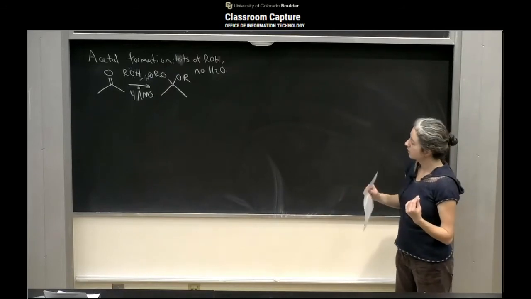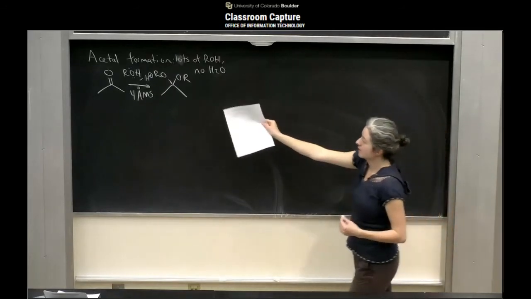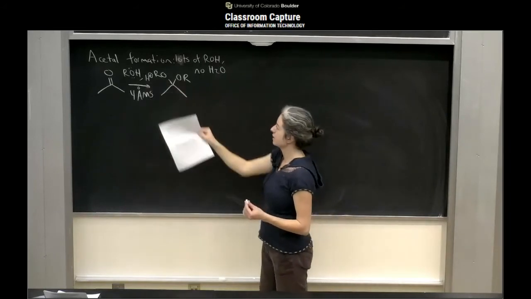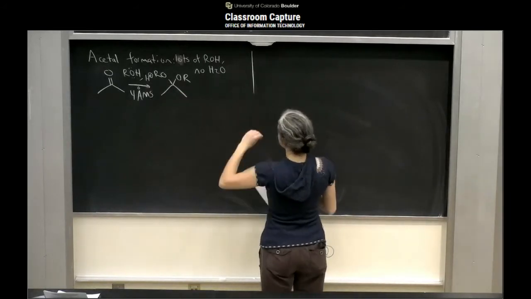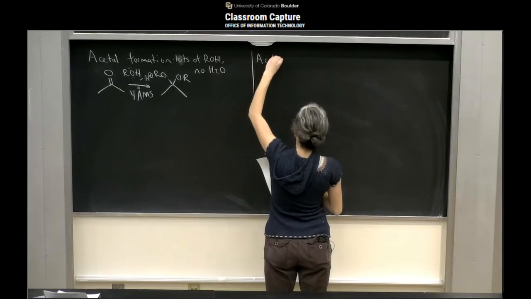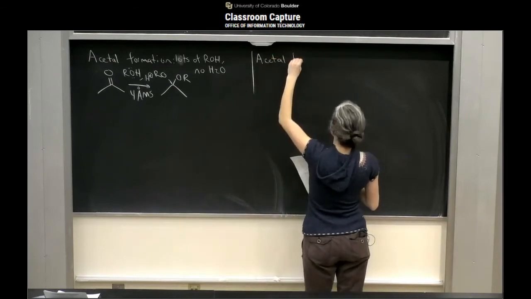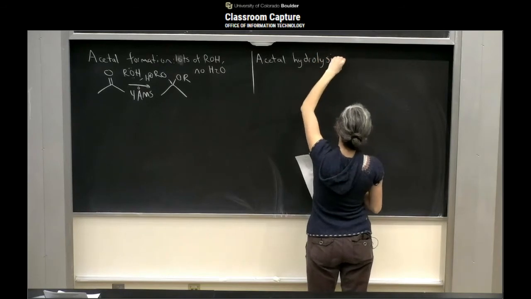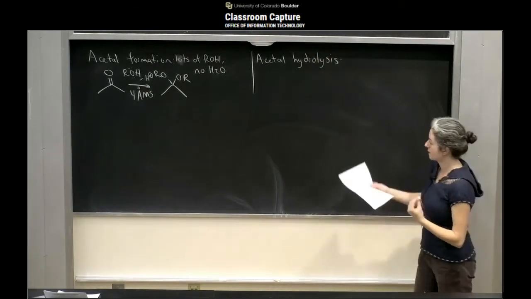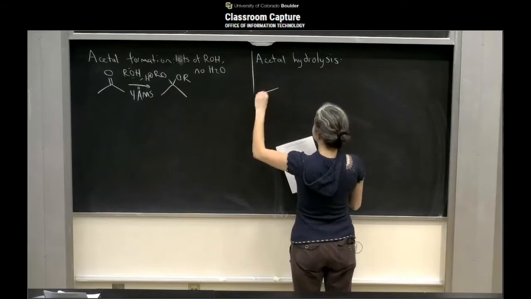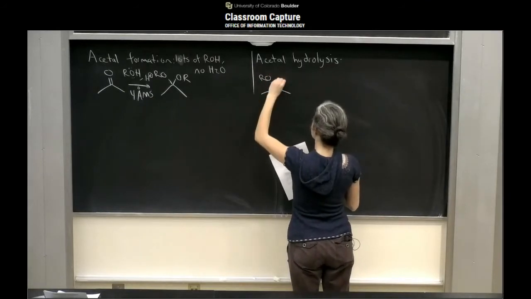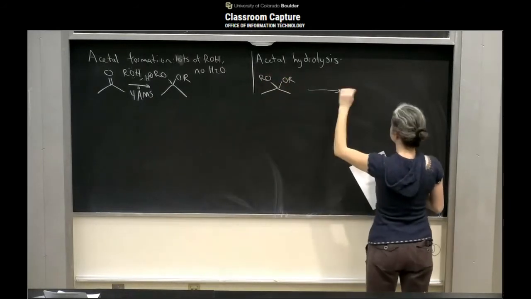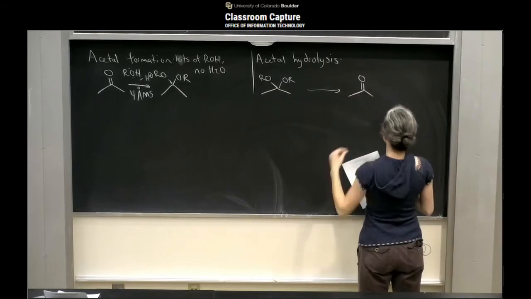Okay, so you're driving to the acetal side. These are the reagents you want to use. If you're driving to the carbonyl side, this would be acetal hydrolysis. So you're using water to break up the acetal. So here you start out with your acetal, and you want to go back to your carbonyl.